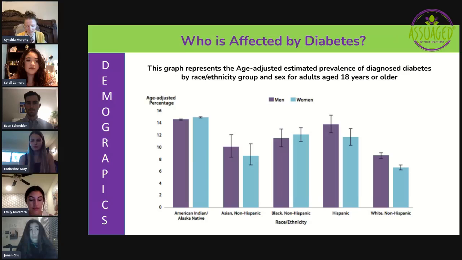We can see from this that among U.S. adults above the age of 18, the prevalence of diagnosed diabetes was highest among American Indians and Alaskan Natives, people of Hispanic origin, and non-Hispanic African Americans. American Indians had the highest prevalence of diagnosed diabetes for women, and they also had a significantly higher prevalence of diagnosed diabetes for men.